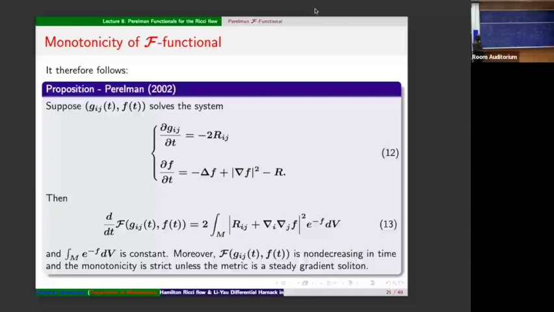Okay, which is going to be greater or equal to 0, right? Because this 2 is positive, this is positive, this is positive, so this is greater or equal to 0. So which means at a stationary point, you have the quantity here equal to 0, which is the equation of a steady gradient soliton. This is a steady gradient soliton.